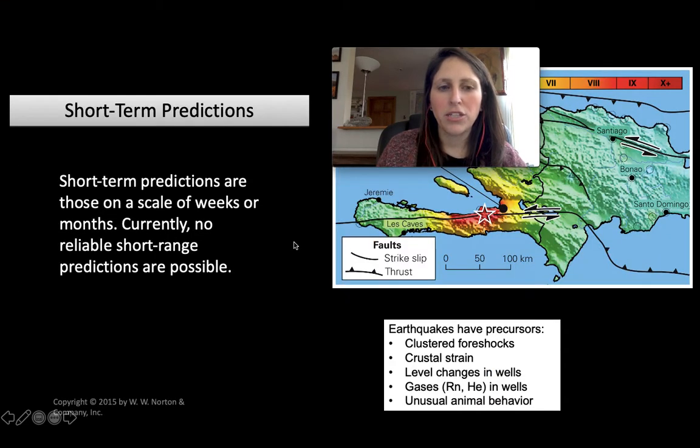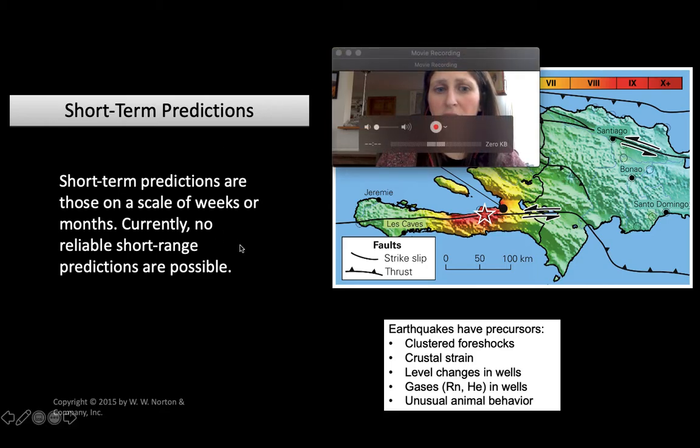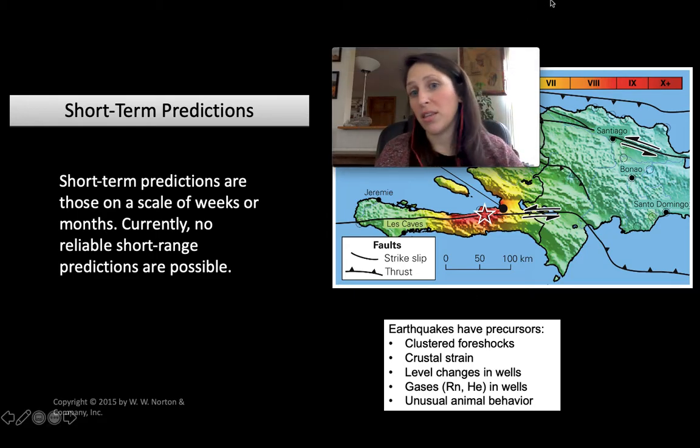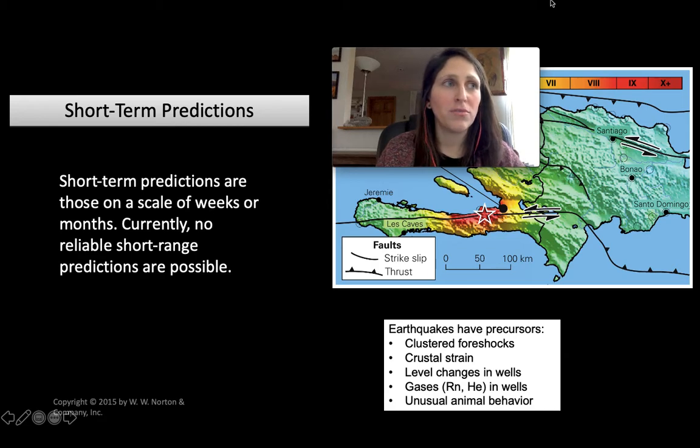Okay. Short-term predictions are pretty much impossible. We can't really predict earthquakes that are going to happen in the next weeks or even months. But we can predict when an earthquake might happen in the next 100 years or so. We all know that in California, everyone says the big one's going to come.